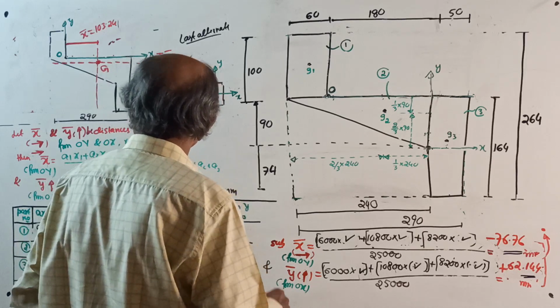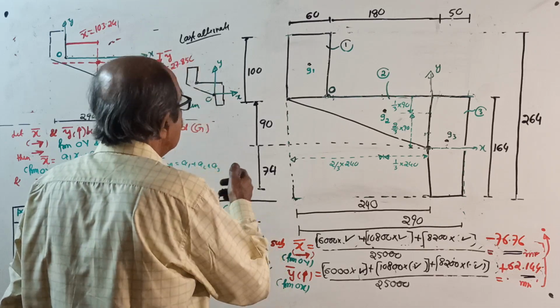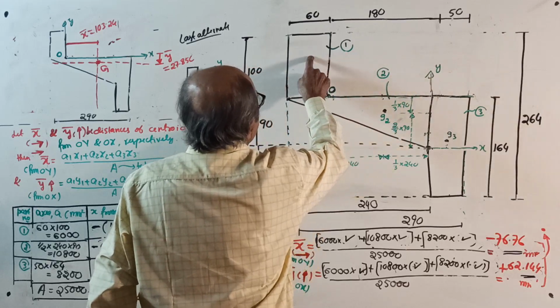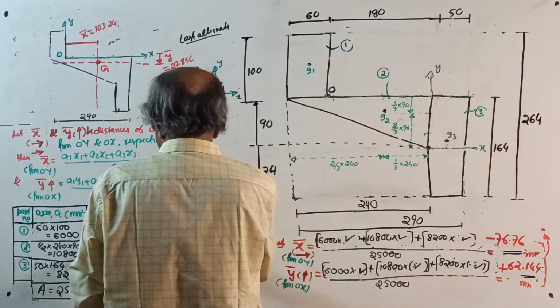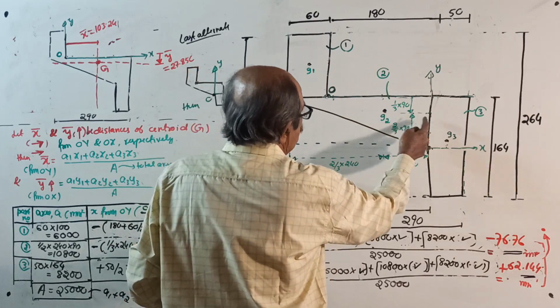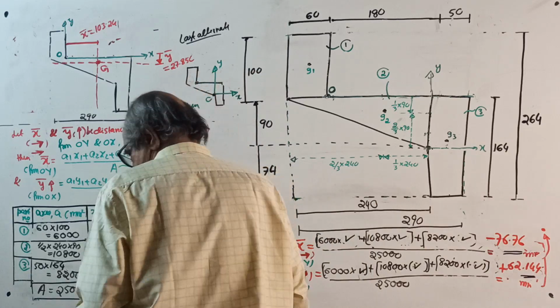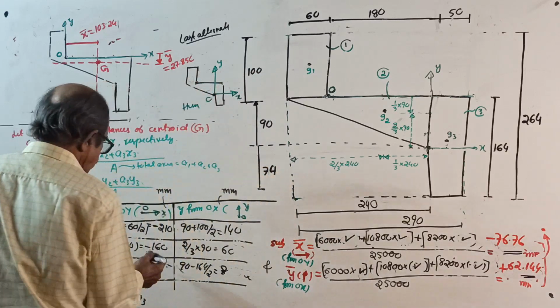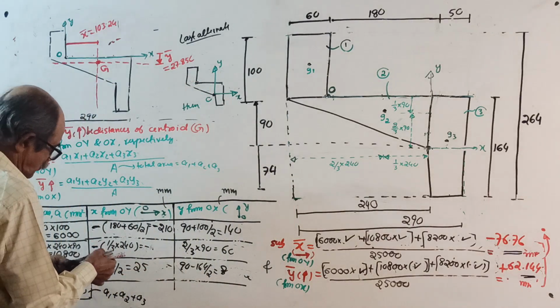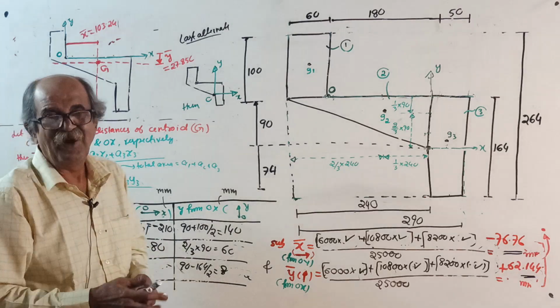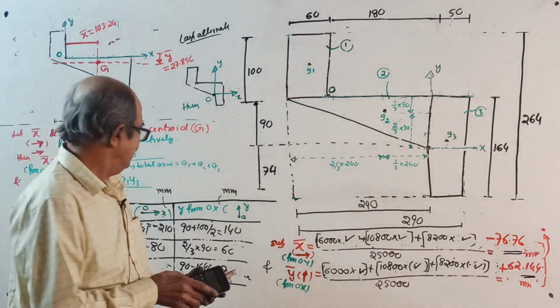What is wrong? X1 is 180 plus another 30, 210. Minus 210 is correct. X2: 1/3 of 240 is not 160, it is 80. Oh, got it. It was the last time's answer. 80. See, one small mistake.